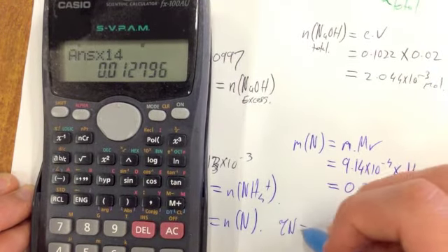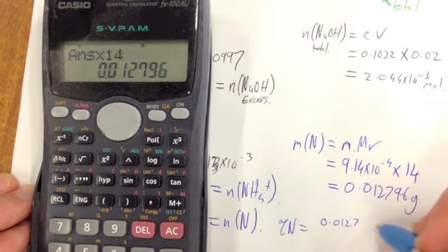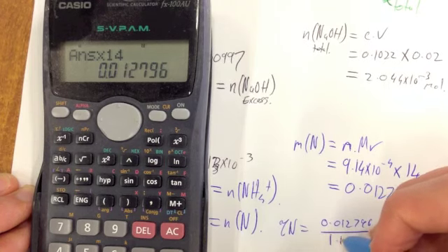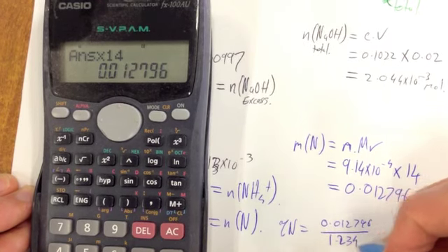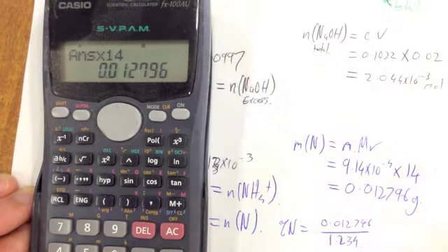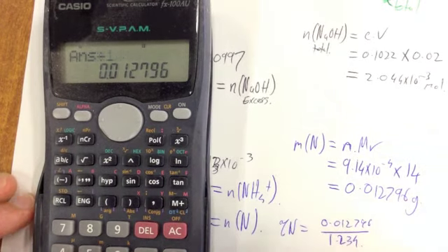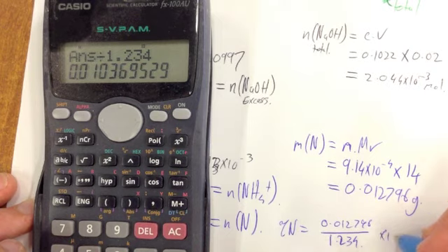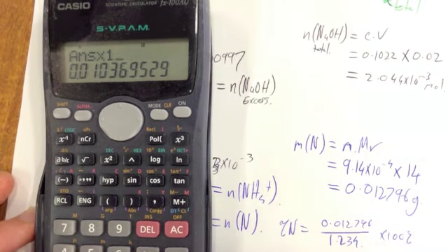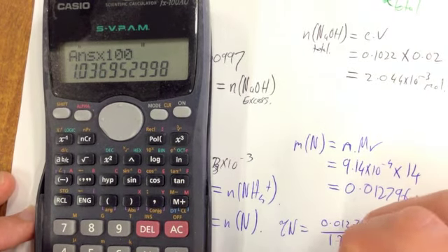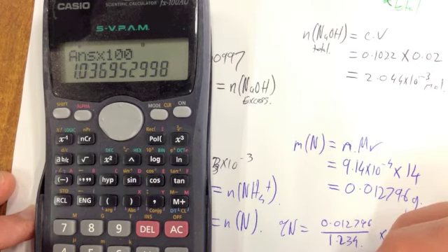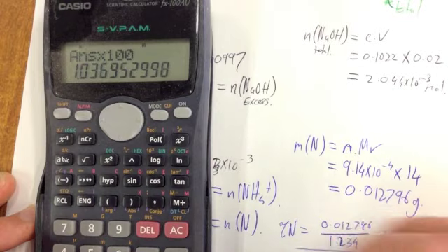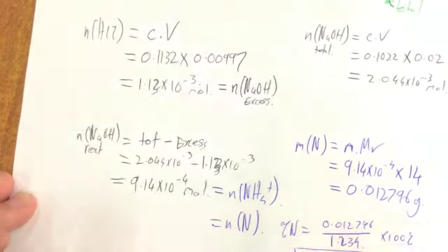Percentage of nitrogen is equal to 0.012796 divided by 1.234, which is our initial amount of fertilizer, times 100%. That means we have 1.04% nitrogen in our fertilizer.